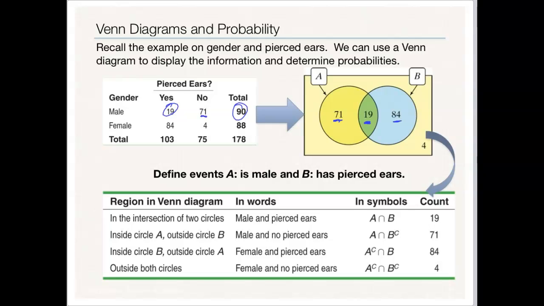So event B has pierced ears. This section, the just light blue, would represent non-males with pierced ears. So in this case, females with pierced ears would be 84. And total number of females is 88. Or sorry, total number, rather, with pierced ears should be 103.